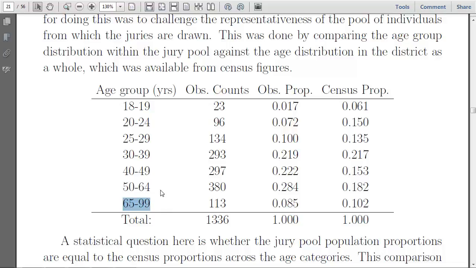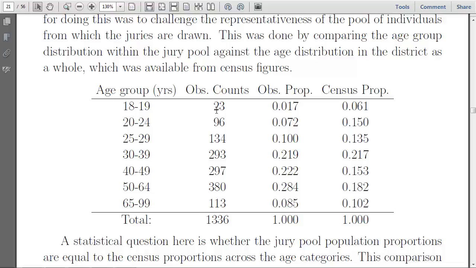So we got those 7 groups, and of the 1,300 people, here are the observed counts in those categories. So we have very few young people, but that's also expected because we have smaller age ranges for those younger groups, and so on. All right? So that's the observed counts.